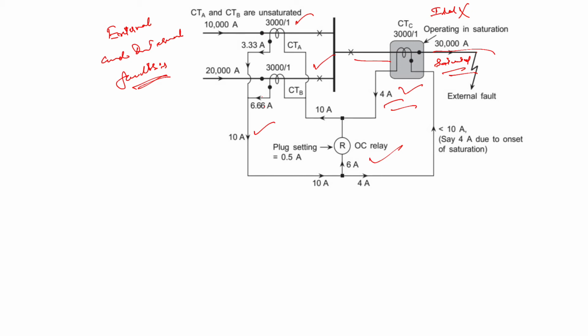This situation most likely will cause the scheme to maloperate, and operation of the differential scheme under the external fault is therefore clearly a cause of maloperation, when the CT is saturated and a large amount of current is flowing in the primary of one CT.